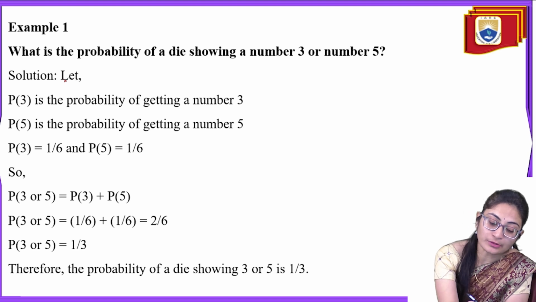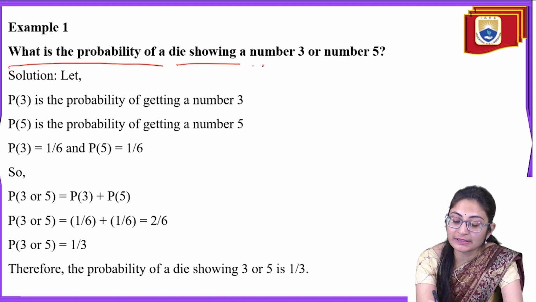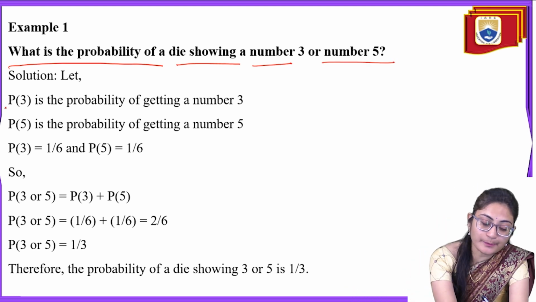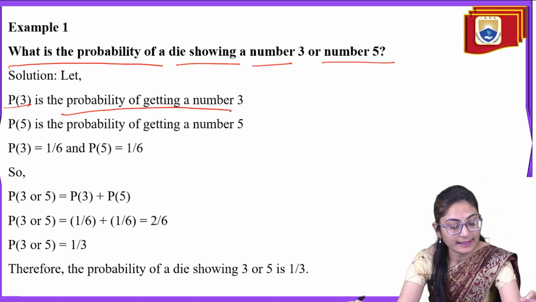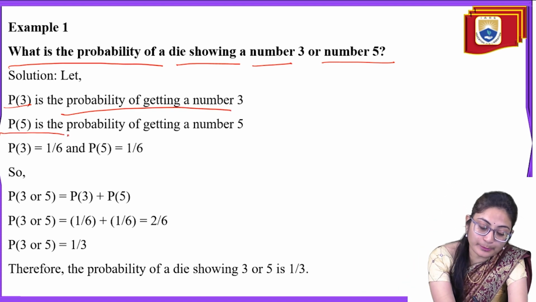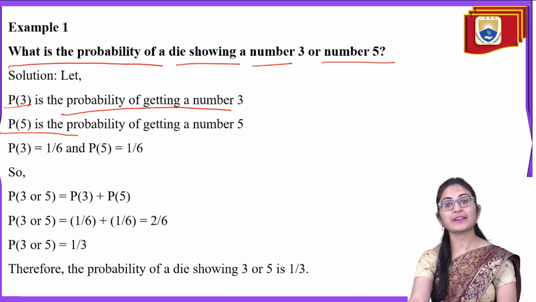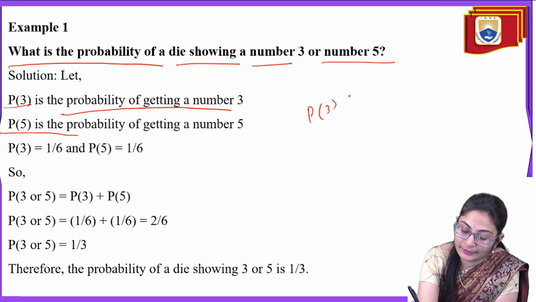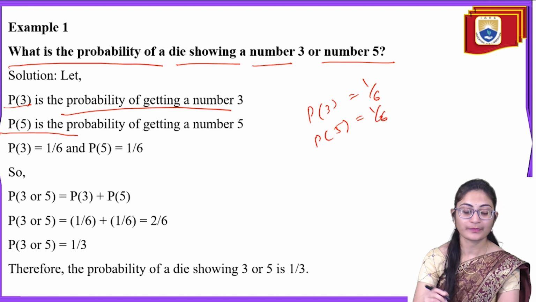Now we have to find out the probability of a die showing a number 3 or number 5. The probability of getting a number 3 is 1 by 6, and the probability of getting a number 5 is 1 by 6.